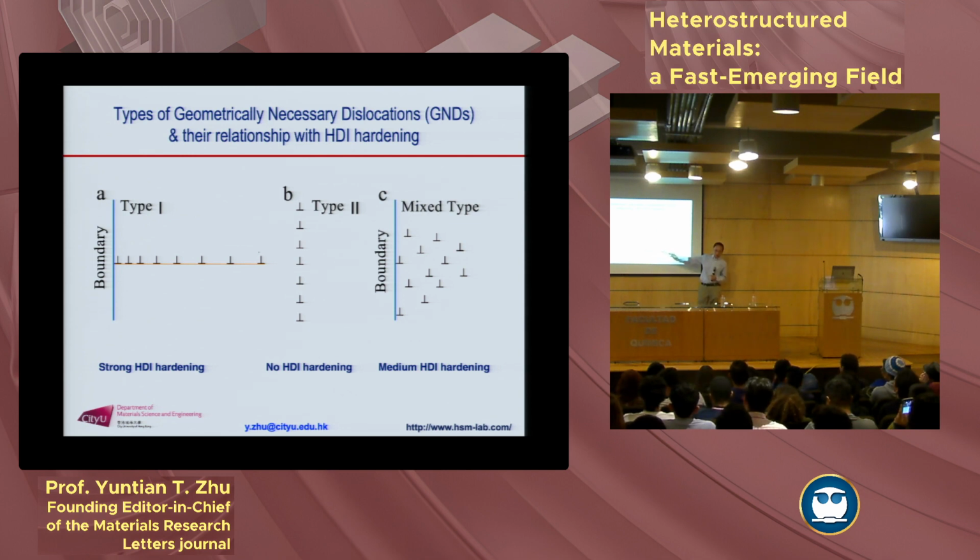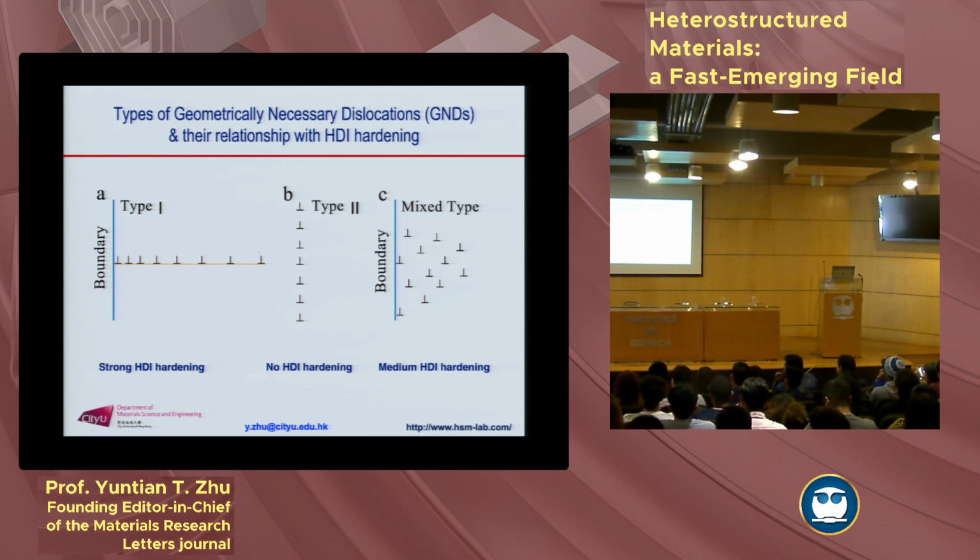Small angle grain boundary does not give you hardening because away from it is this compressive stress, tensile stress, alternatively, so they will cancel each other. Okay? Of course, you also have this mixed type. From here, you would see to produce a strong back stress, to have a strong heterostructure effect, we want dislocations to pile up like this.